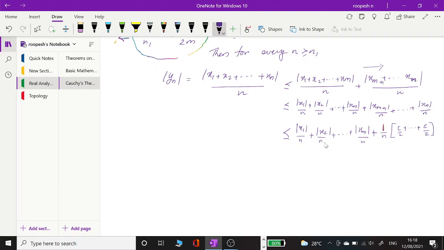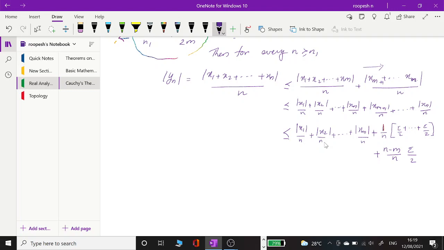How many epsilon by 2 terms are there? n minus m. The total is n, so up to here is m terms. So this reduces to the term n minus m by n times epsilon by 2.